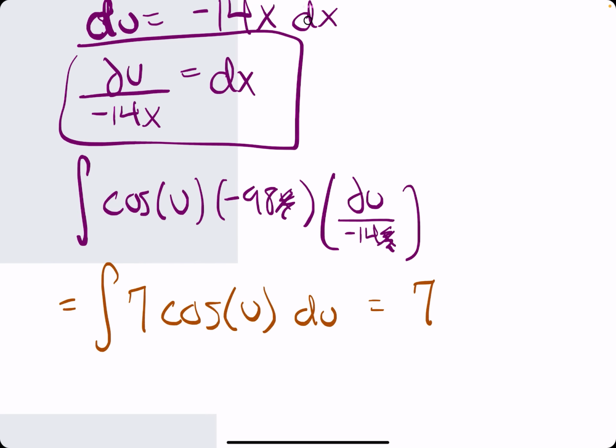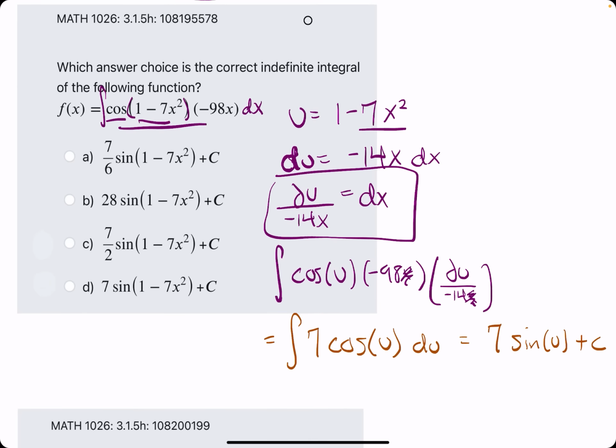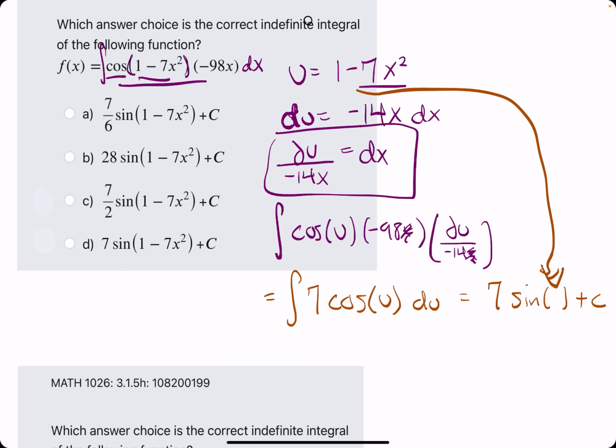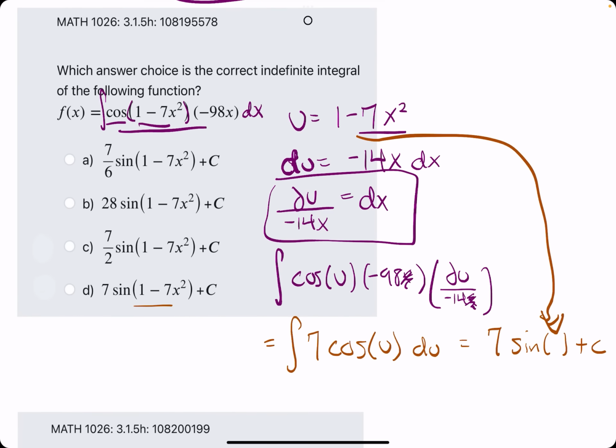Antiderivative of cosine is sine, positive sine. And then we have plus c. So now, keep in mind, we could probably see our answer just based on the coefficient, the 7. And so if we wanted to, we could sub back in the 1 minus 7x squared in place of the u here and get our answer D.